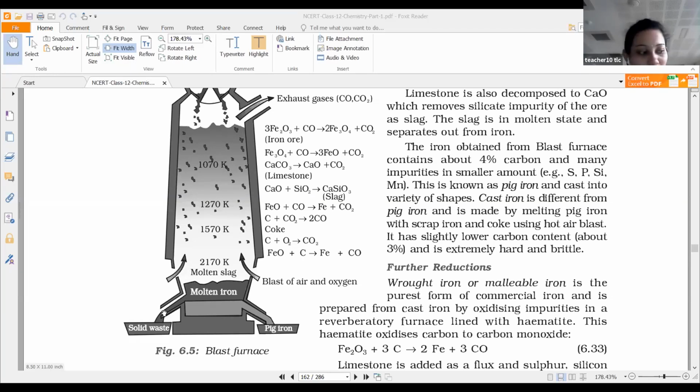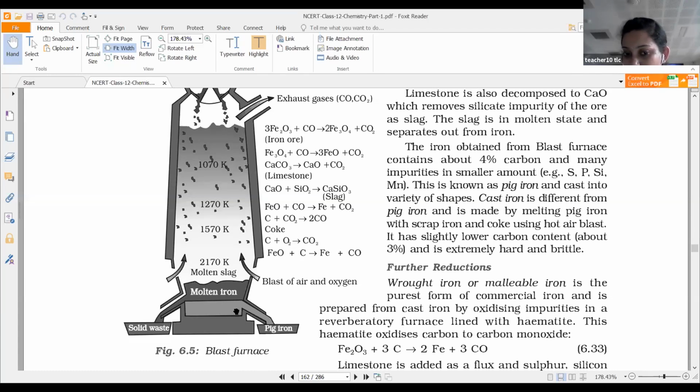This solid waste you can collect first because its density is less, so its opening is up, correct? And density of this iron is more, so it will settle down.